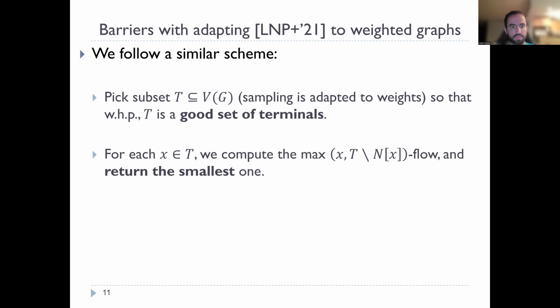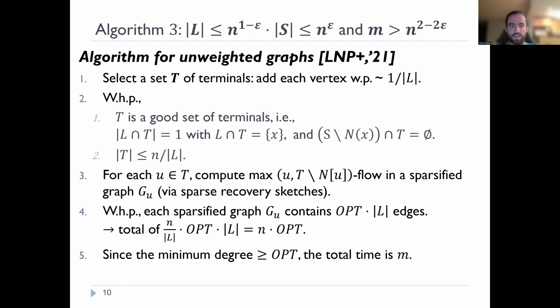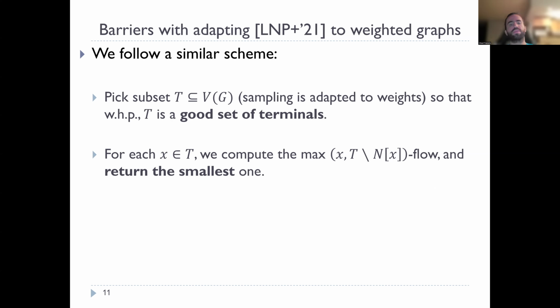This is the requirement. And for each one of the terminals X, we compute the maximum flow between X and T without the neighborhood of X. And then we just return the smallest one.